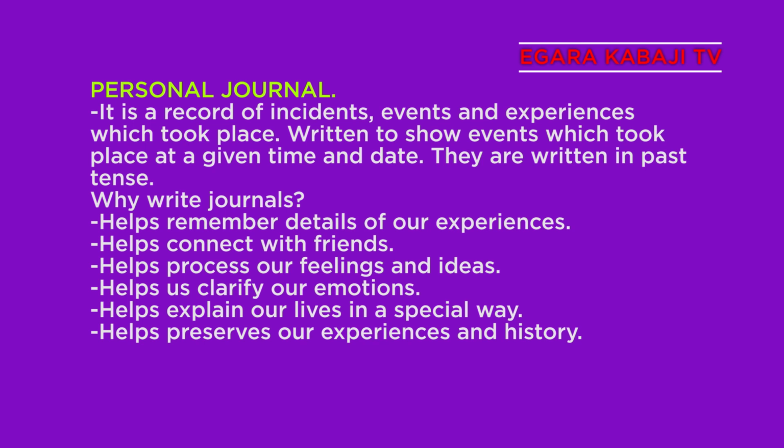It is written to show the events which took place at a given time and date. That is why journals are written in past tense. Personal journals are private documents in which the writer reflects on events in his or her life.